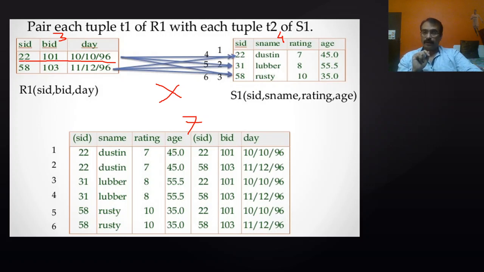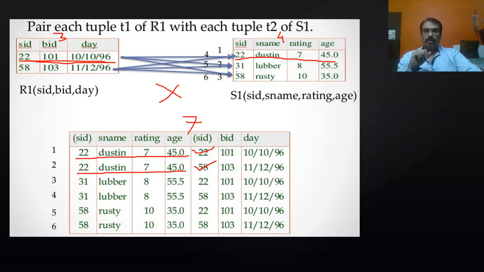This row will be multiplied with both the rows here. You find here the same row is multiplied with the first row of R1 and then the second row of R1.